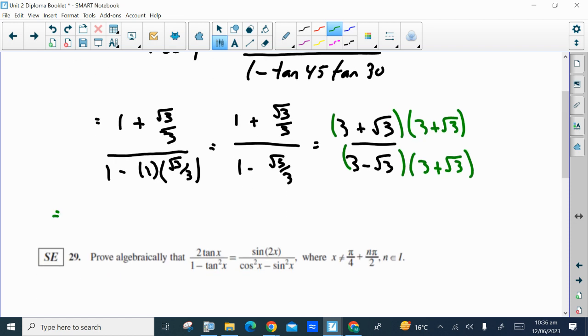So, on top, 3 times 3 is 9. The outer product will be 3 root 3. The inner product will also be 3 root 3. And the last, positive times a positive is a positive, and root 3 times root 3 is 3. On the bottom, 3 times 3 is 9. Here, the outer and inner products cancel.